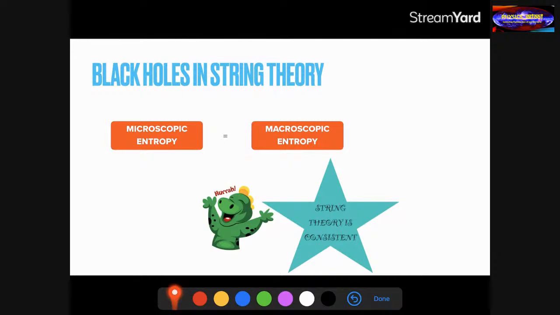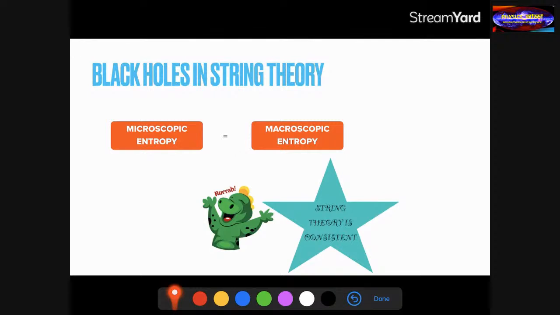They may not be real black holes, but they let us test whether string theory is mathematically self-consistent or not. Any theory of quantum gravity has to pass this test before even going for experimental verification. For a very, very specific kind of black hole, string theory does pass this test, and therefore we think that we are on the right track.